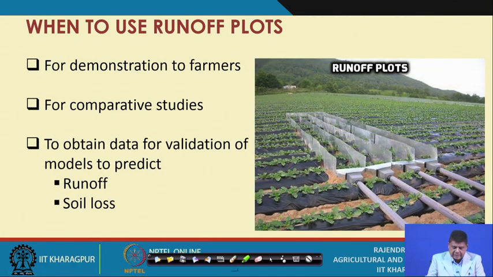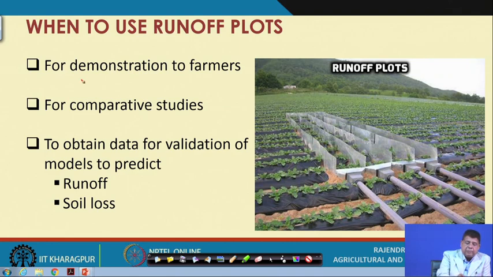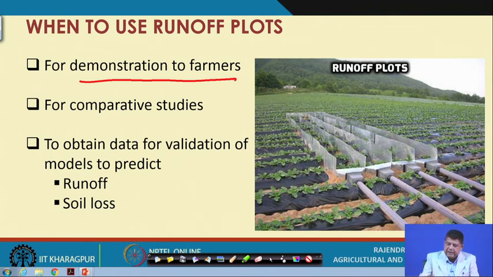Runoff plots are preferred when we have to make any kind of demonstration to farmers in the field, because they are more experimental in nature and typically in field conditions. So, it is very easy for farmers to understand what we are trying to demonstrate, and that is why whenever we have to demonstrate a new soil conservation measure or any favorable cultivation practice, we use runoff plots.